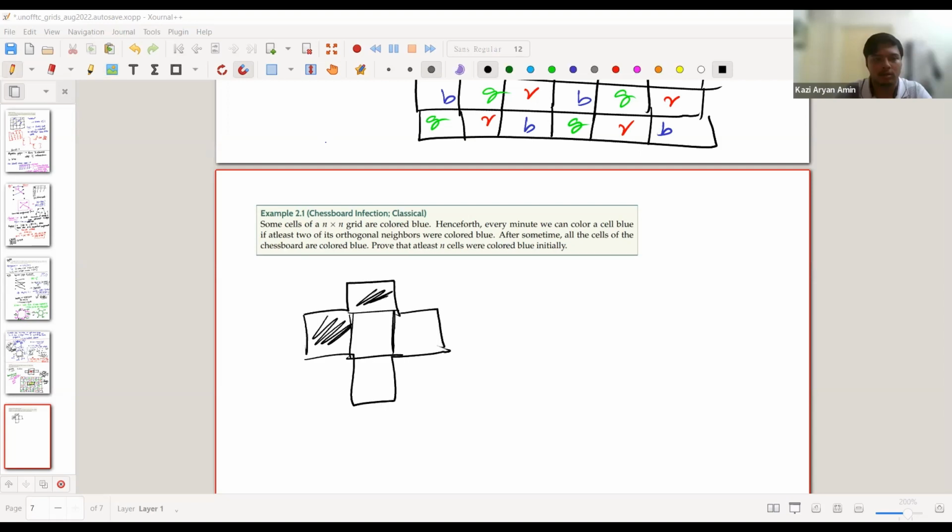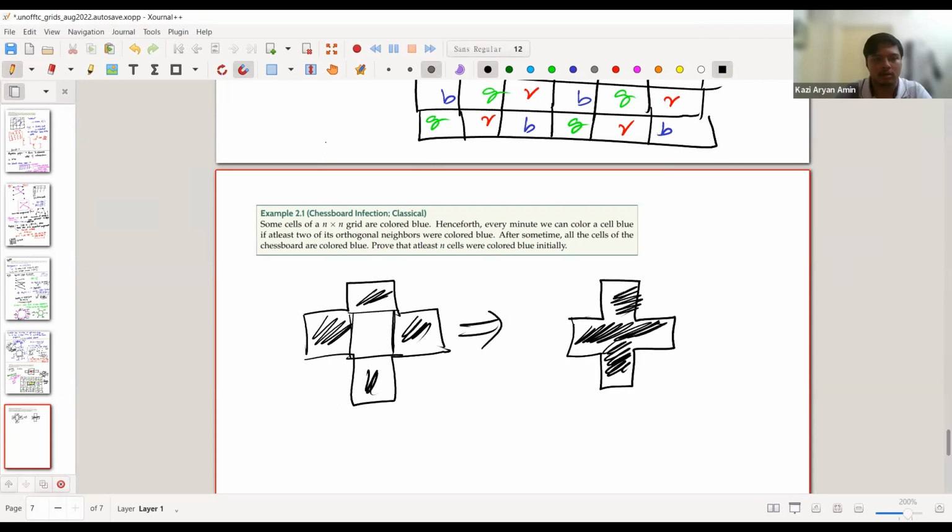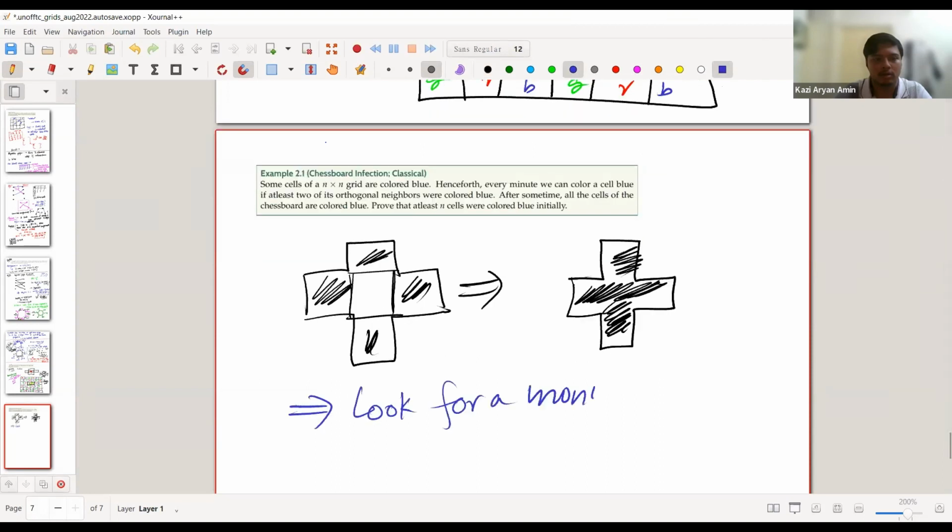Look for a monovariant, something that changes with the process. So any ideas about what the monovariant might be?